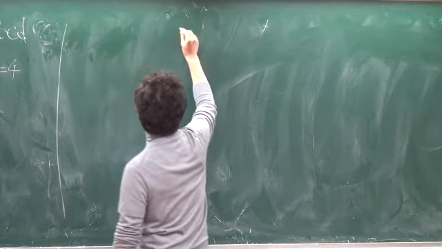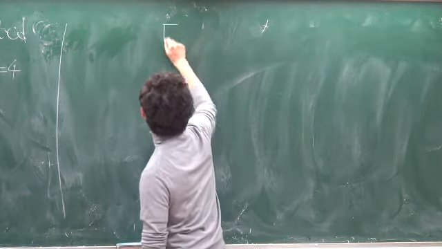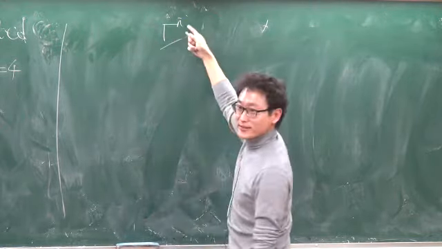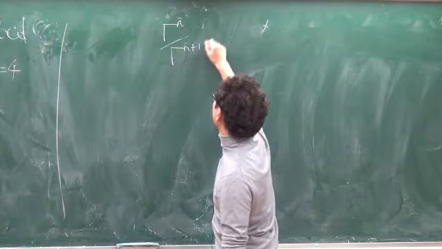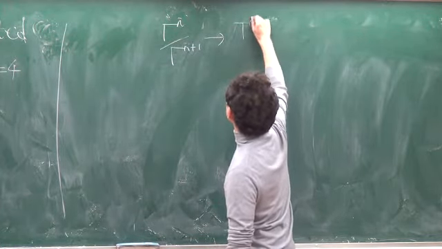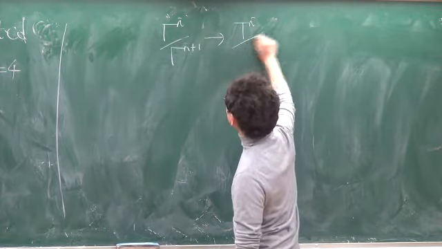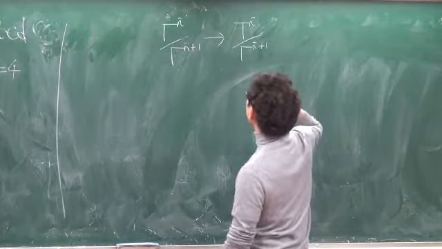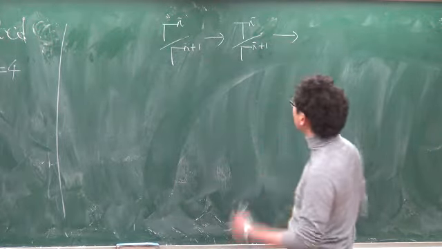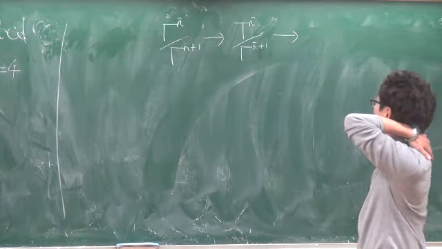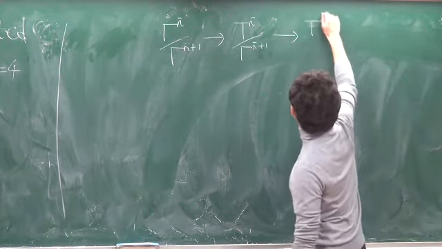We consider the following exact sequence: gamma i, where here gamma i means gamma i of X, is of course contained in the topological filtration, and the cokernel of this is tau i.